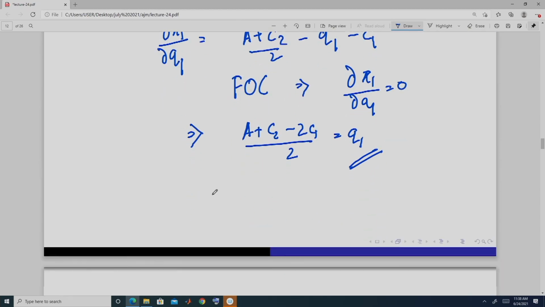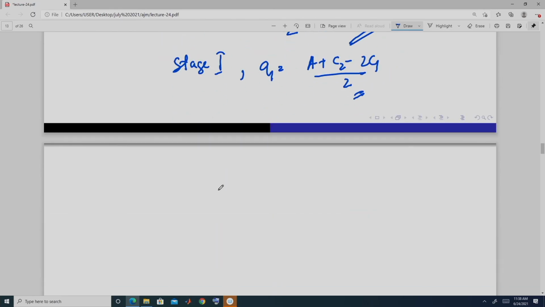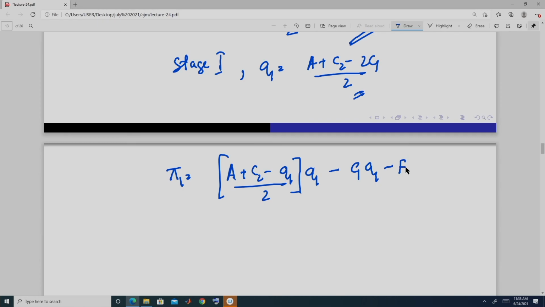So, the stage 1 outcome is Q1 equal to this. And the profit of firm 1 in stage 1 is this.